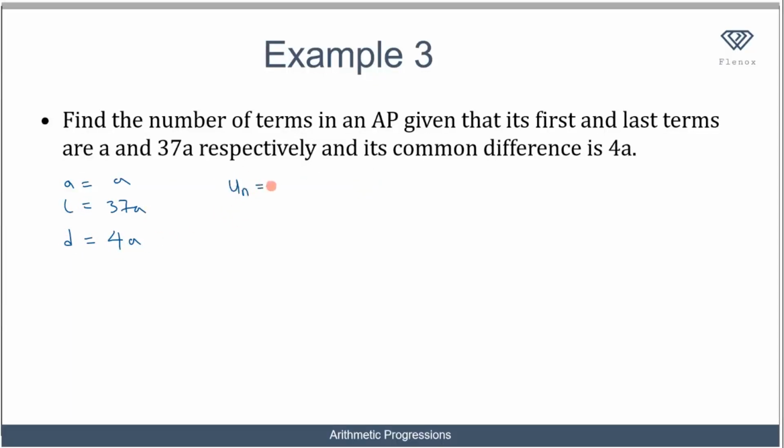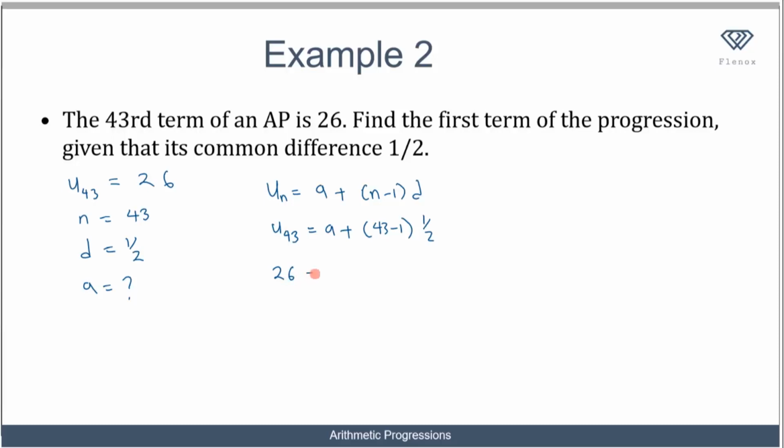So I know that the term I'm given, U43, the 43rd term, will be equal to a plus 43 minus 1, and I know that my common difference is given as half. I was told that U43 is 26. So 26 will be equal to a plus 43 minus 1, which is 42, then 42 multiplied by half, which is 21.